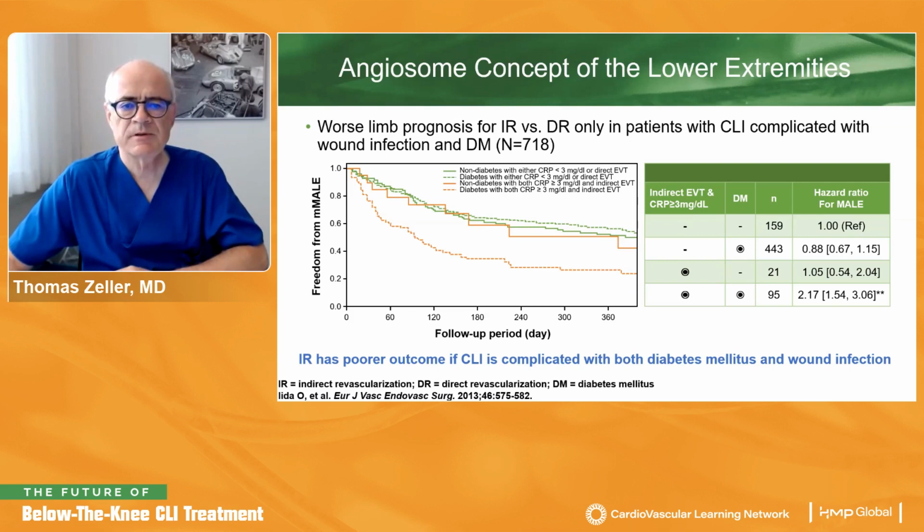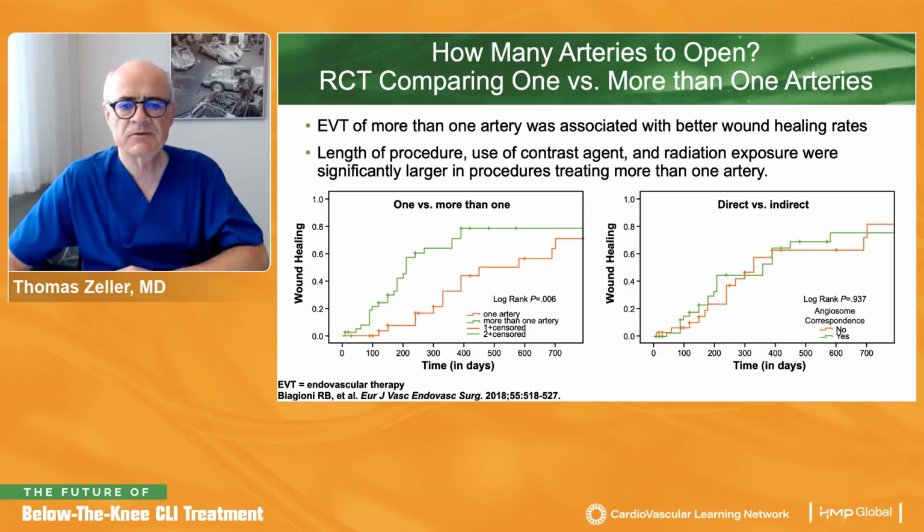If we open those vessels in diabetic and non-diabetic patients, in particular the patients with diabetes have the highest benefit from this direct revascularization approach. And in addition, we open more than one single vessel. This also is related to a higher wound healing rate.